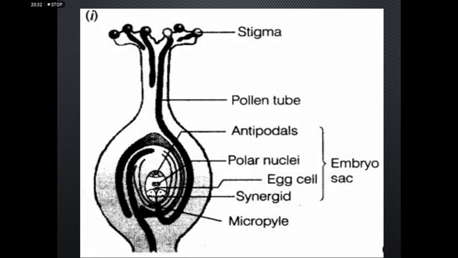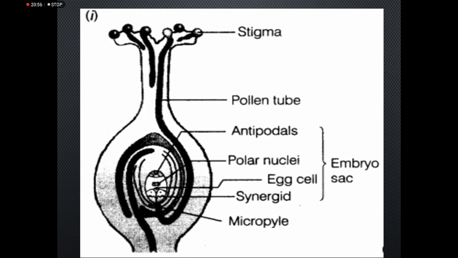Here you can see the stigma; we earlier discussed the pistil structure. Here the stigma, the long slender style and the ovary can be seen. On this stigma, various pollen grains arrive.